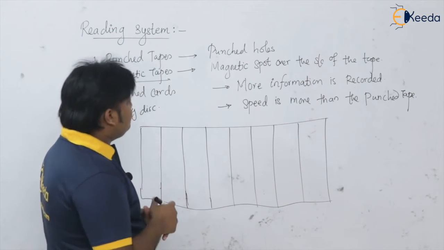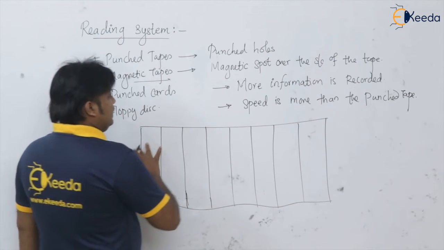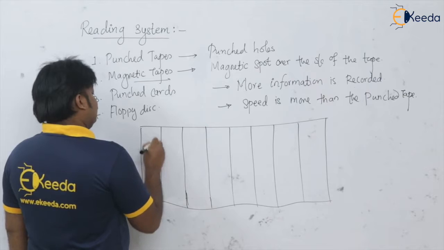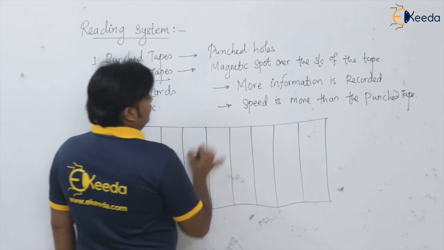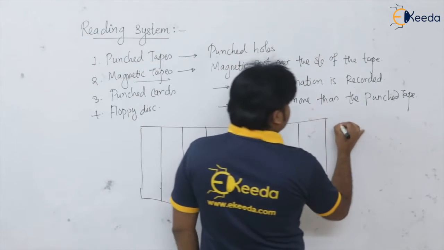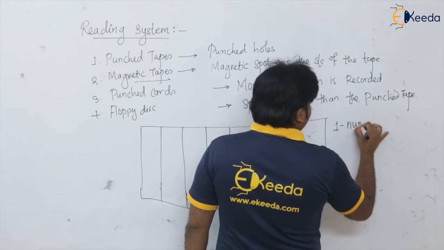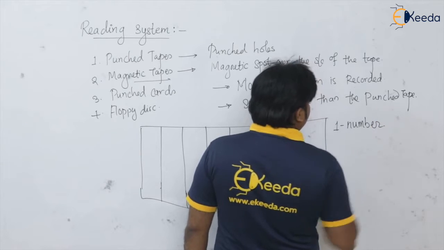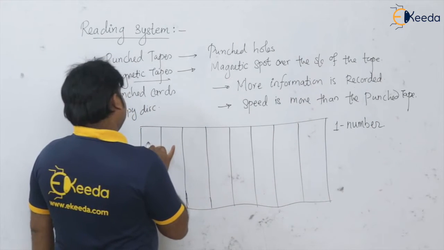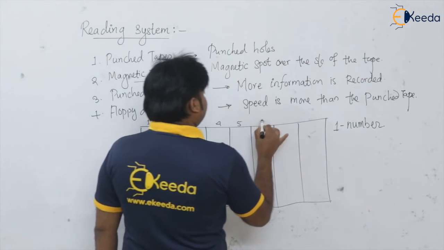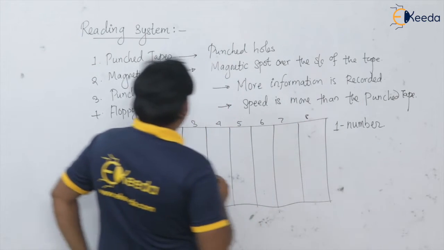Like this, in the punch tape we have 8 tracks. The first track is for the sequence number. So this is the first track, second, third, fourth, fifth, sixth, 7 and 8.